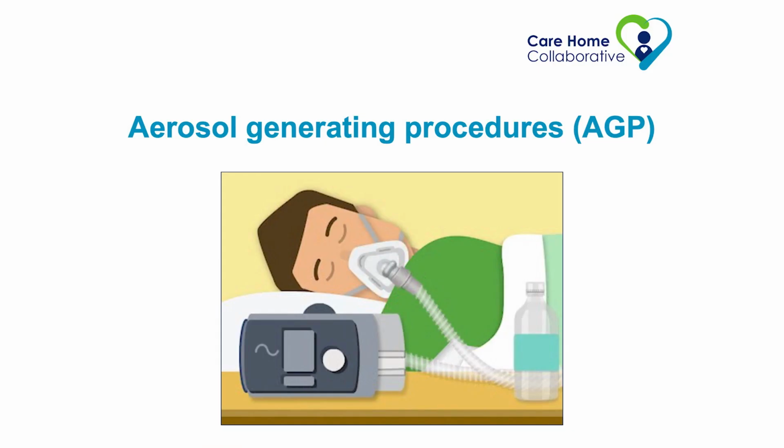An aerosol generating procedure, or AGP, is a medical procedure that can result in the release of airborne particles from the respiratory tract. This is associated with an increased risk of transmission when caring for someone who is suspected or known to have an infection transmitted by the airborne or droplet route.